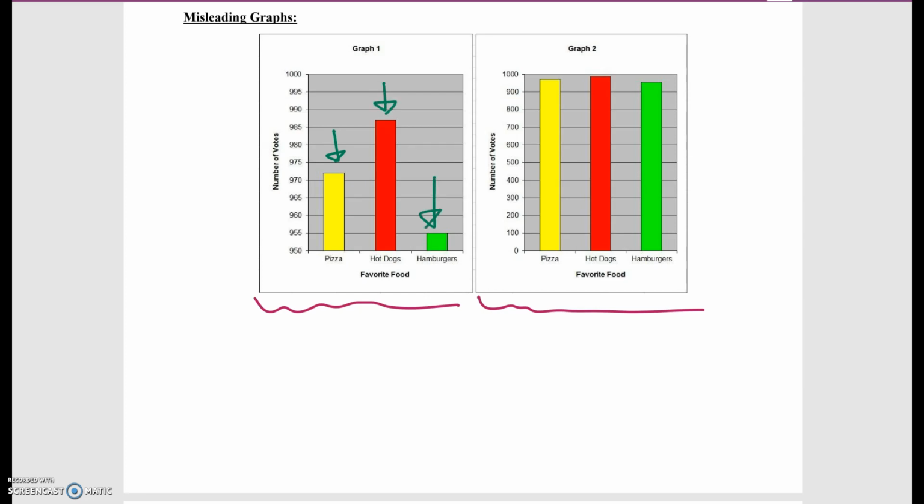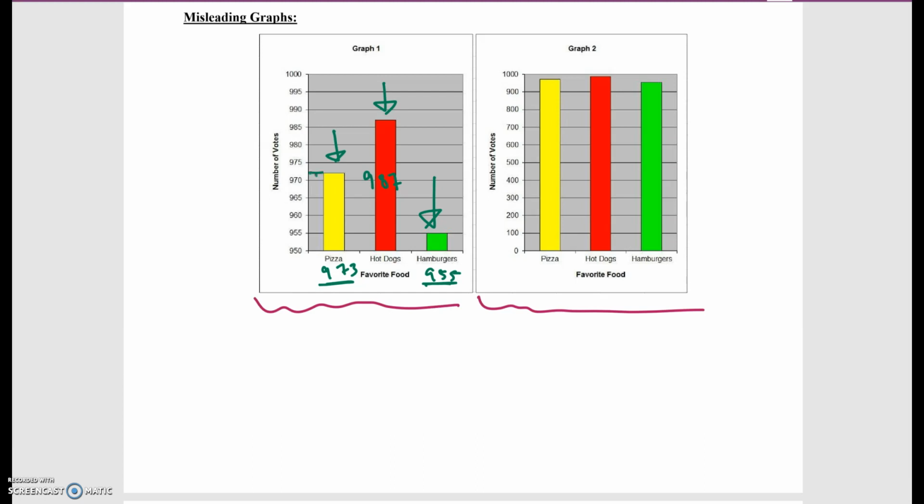Now if you look at all of this, notice that this is about 955, this is about 973 maybe, and this is about 987. Okay, notice that they're not far apart. These are all basically the same. 955 compared to 973, there's only a little bit of difference.